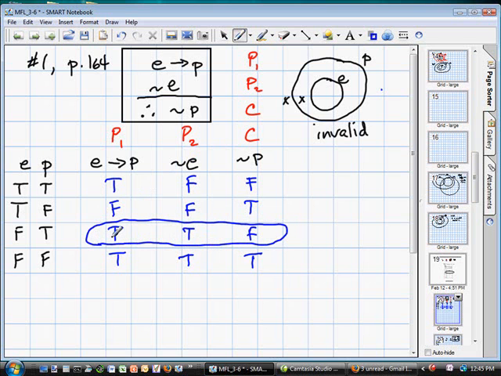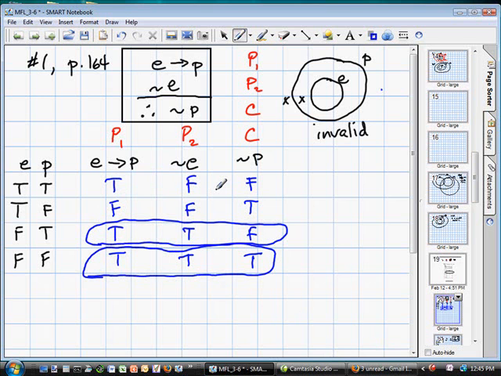I usually go through and circle that row. And isn't this row also? Yep. Would you agree those are the two rows where all the premises are true? This won't work because neither is true, and this won't work because both aren't.